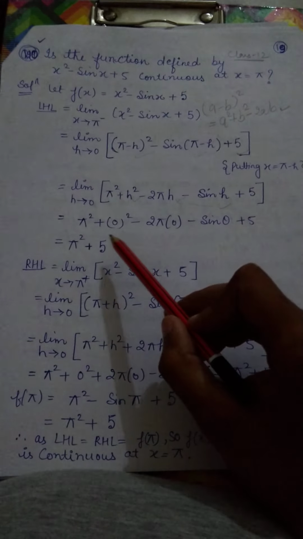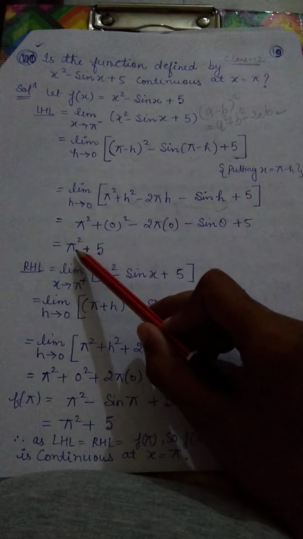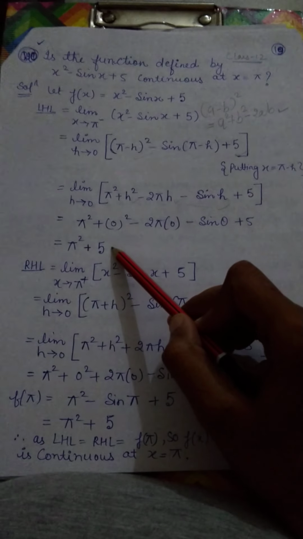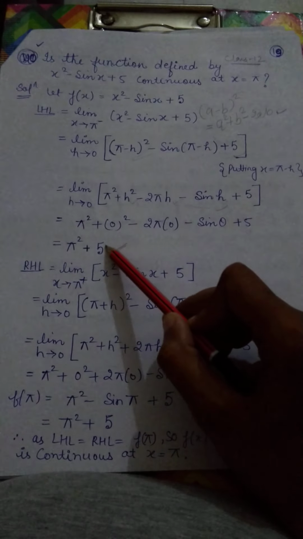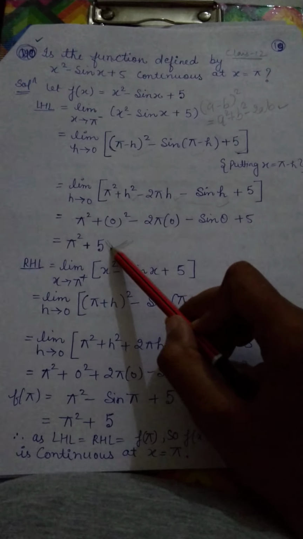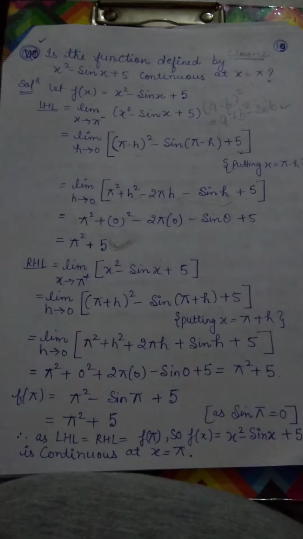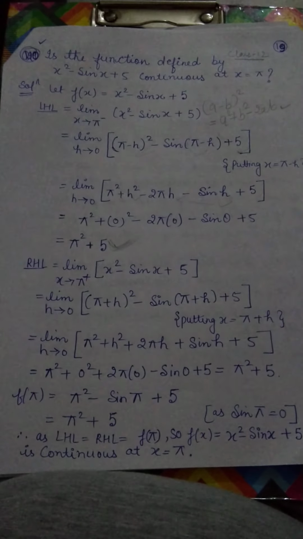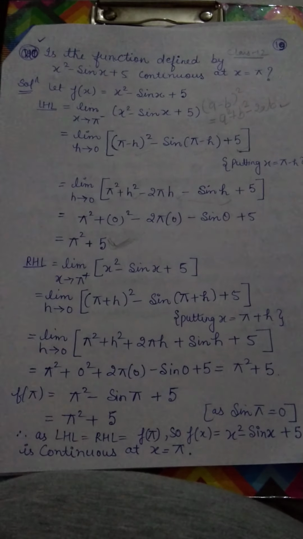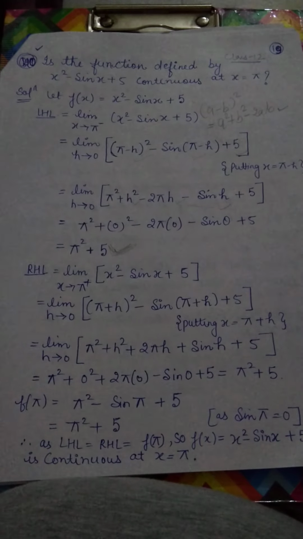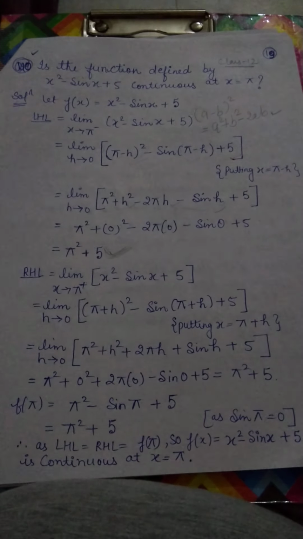Then we will get pi square plus 5. Finally we get pi square plus 5. Clear my dear students? Hope this is clear to you बच्चे.